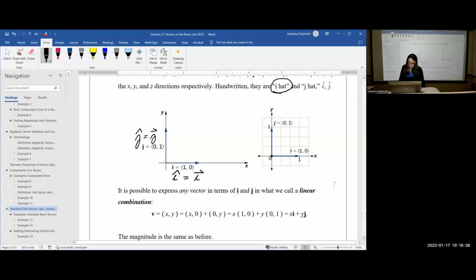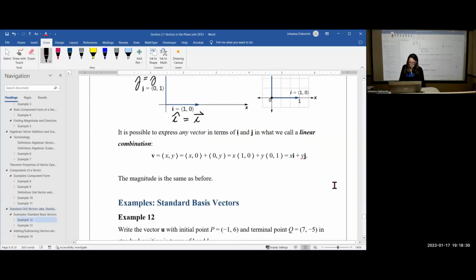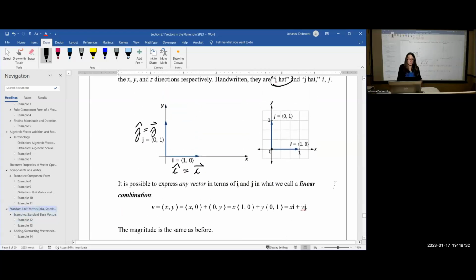Now you can express any vector in terms of i and j in what we call a linear combination. So for example, let's say you take vector v, which is (x, y). Then you know that you could split this up into two vectors because of component addition and write it as (x, 0) plus (0, y). So the x component by itself with 0 for the y component, and the y component by itself with 0 for the x component.